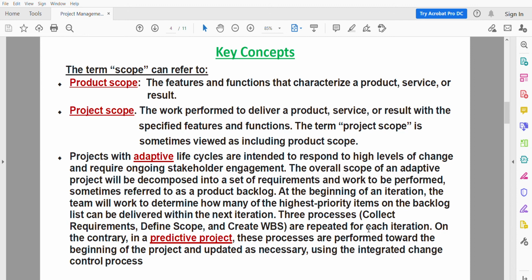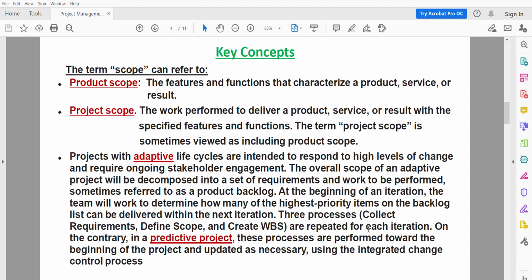So three processes, collect requirements, define scope, and create WBS, are repeated for each iteration. On the contrary, in predictive projects, these processes are performed toward the beginning of the project and updated as necessary using the integrated change control process.